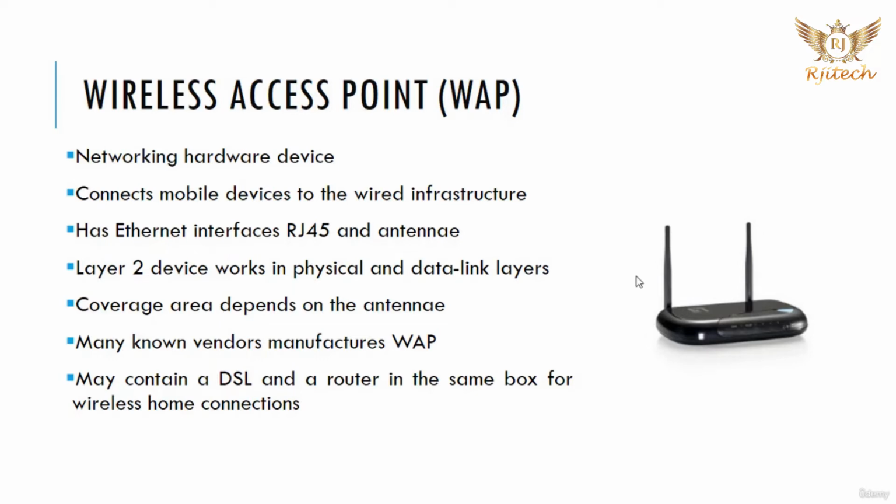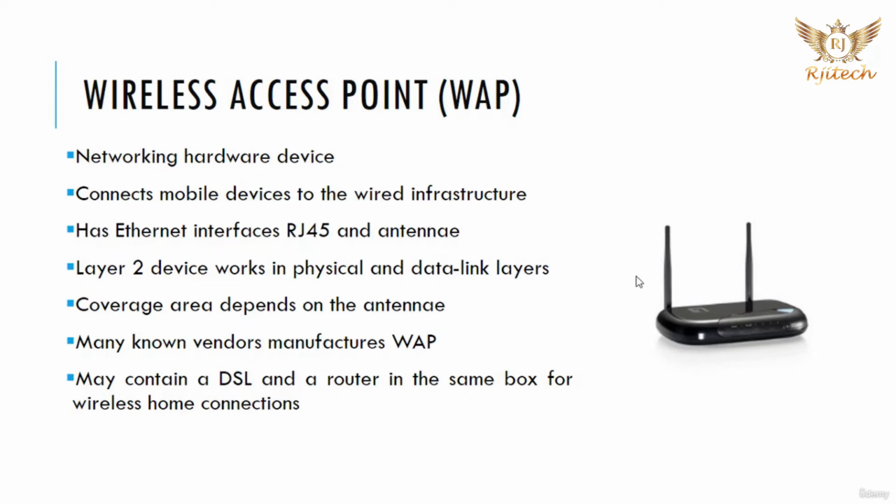We have several access points manufactured by several known vendors of networking devices. Cisco and other companies such as Huawei have produced very well-known access points. It may contain a DSL modem and a router in the same box. This is a wireless access point for home connections, the one that contains DSL and a router.